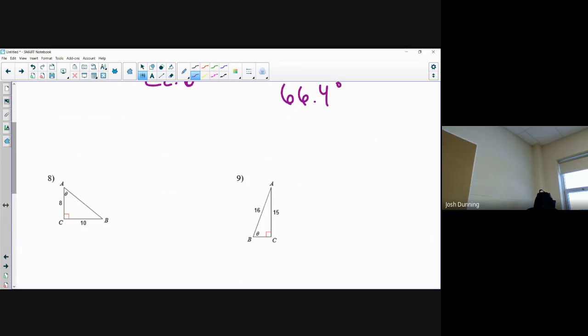All right. Now, number 8. The blank side this time is the hypotenuse. Now, if you're standing right there at theta, you're right next to 8, adjacent. 10, you'd have to go all the way to the other side, opposite.